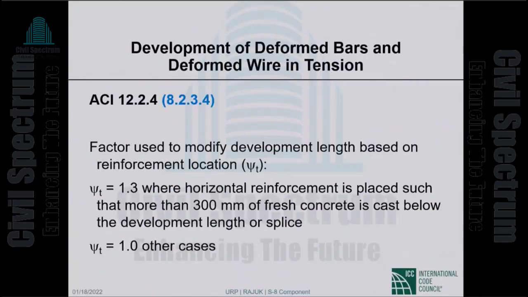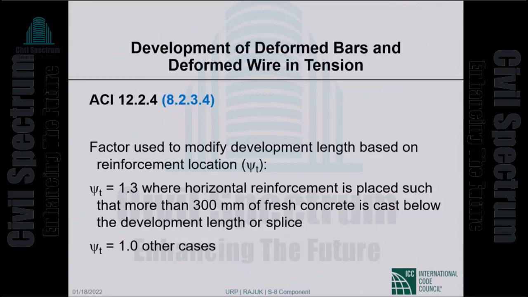Okay, so psi sub T first, the top bar factor. What is a top bar? A top bar is a bar having more than 12 inches of concrete cast in one lift underneath the bar. So top bar is a reinforcing bar with more than 12 inches of concrete cast in one lift underneath the bar.